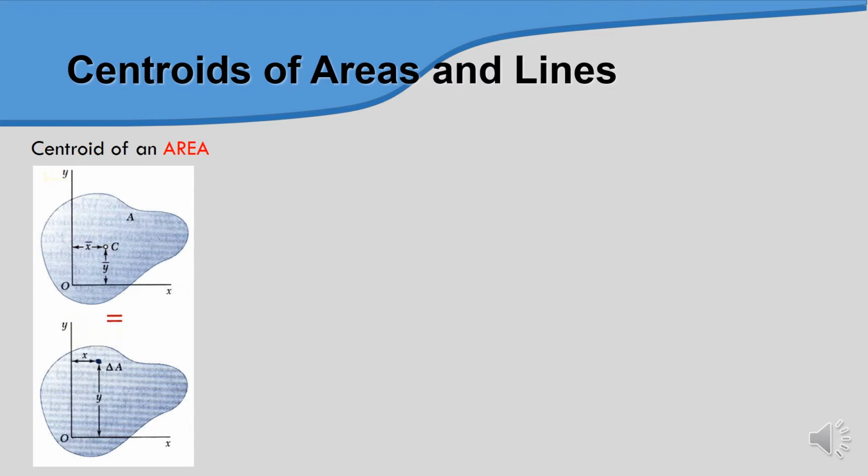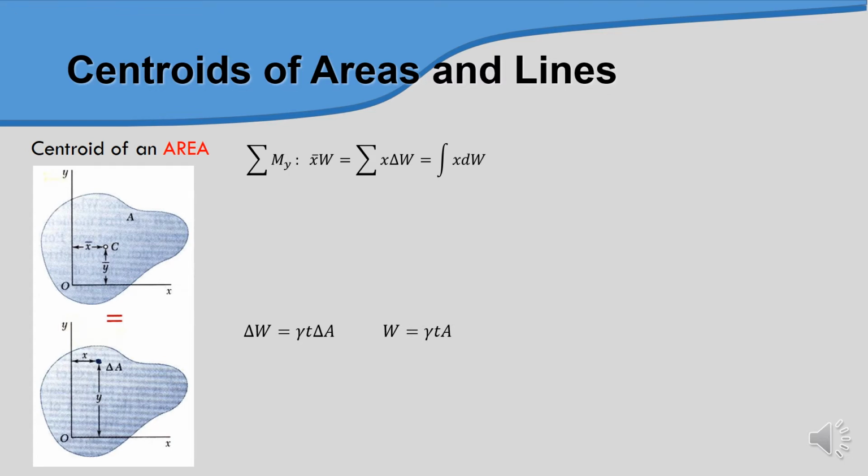Basically, the formula is the same as the center of gravity, but with a little change: the W weight value we will change to A for area. So this is the initial equation produced from the previous center of gravity.